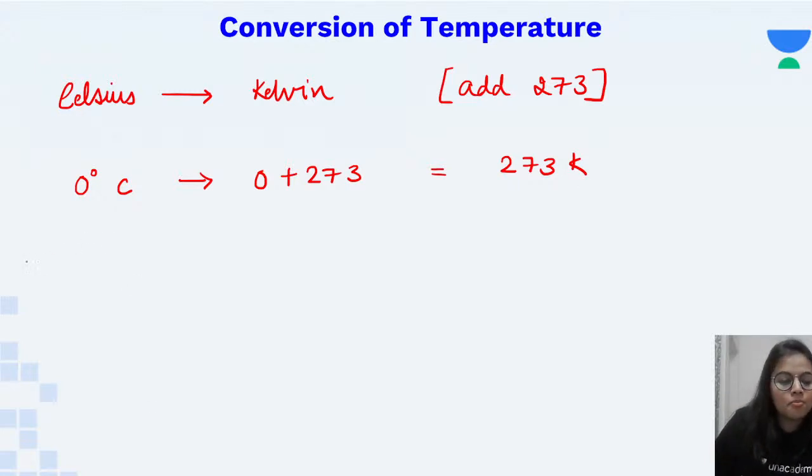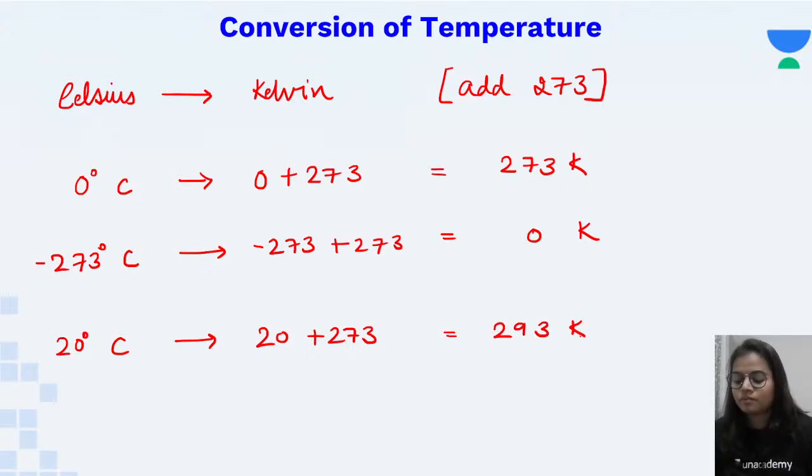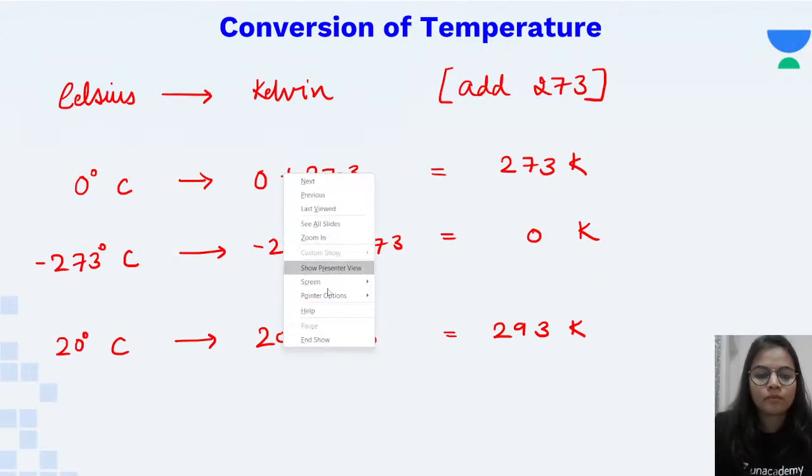Similarly, if I have minus 273 degrees Celsius, it is minus 273 plus 273, which equals 0 Kelvin. Let's take the example of 20 degrees Celsius. So we have 20 plus 273, which makes it 293 Kelvin. Right?